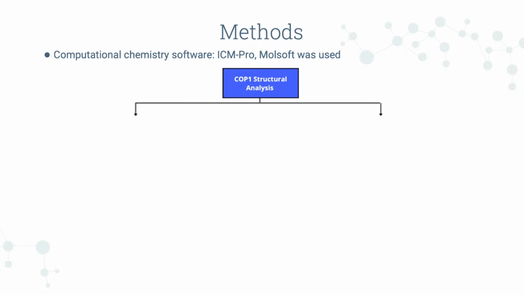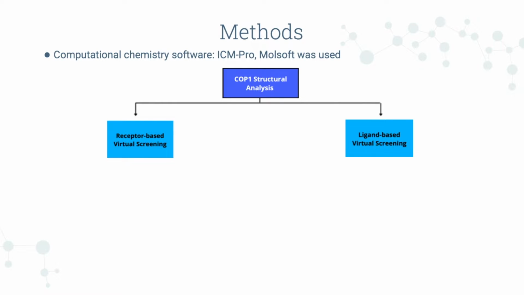The screening strategies were divided into a receptor-based and a ligand-based virtual screen. In the receptor-based virtual screen, the WD-40 domain of COP1 served as a receptor to which a massive library of fragments was docked.